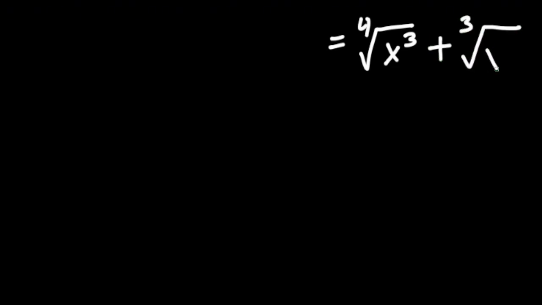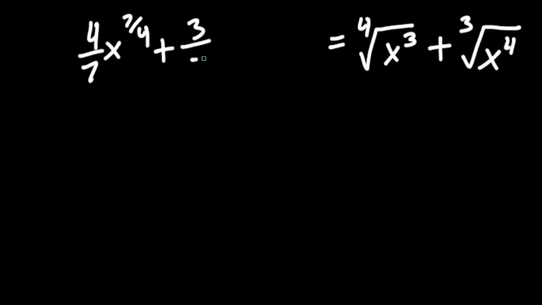So our original problem is the radical of x raised to 3 with the index for the radical, plus the cube root of x raised to 4. And our answer is 4 sevenths x raised to 7 fourths plus 3 sevenths times x raised to 7 thirds plus c.